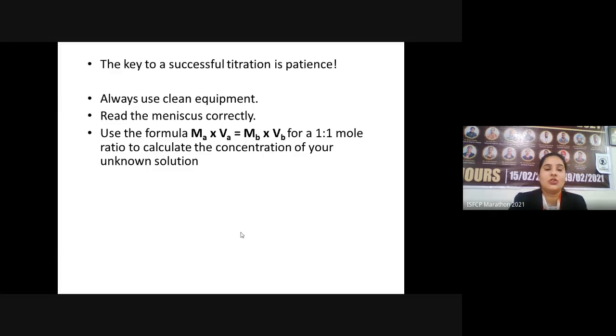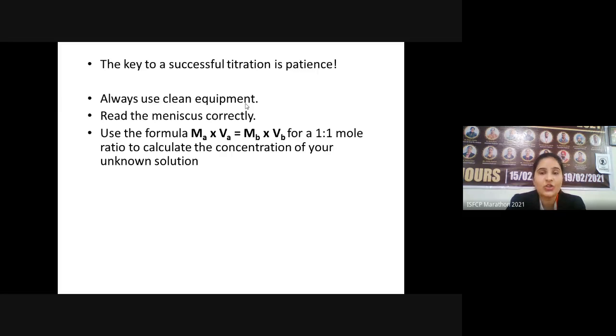Titration is a very simple procedure, but there is a key. The key to successful titration is patience. The titration should be performed with a lot of patience for successful completion. Secondly, we should always use clean equipment. If we have equipment which contains impurities or samples from a previous experiment, there are chances that error may take place.